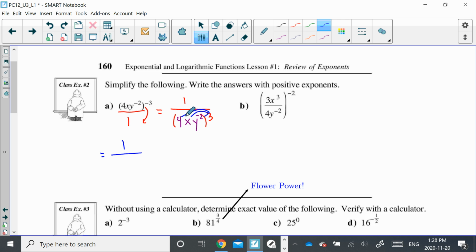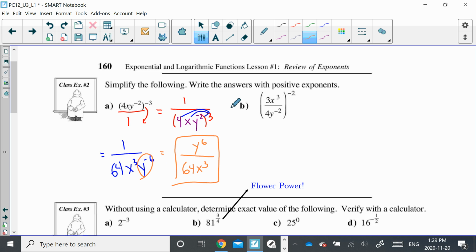And 4 to the power of 3 is 64. X to the power of 3 and y to the power of negative 6. Power to a power, you multiply. This needs to be rewritten in the numerator. So what my answer would be y to the 6 over 64 x to the 3.